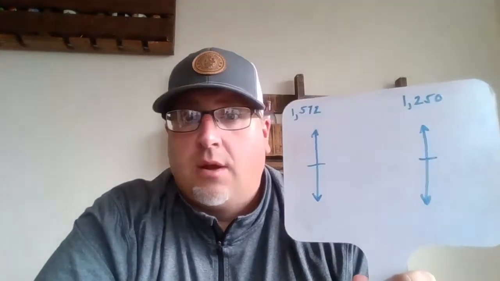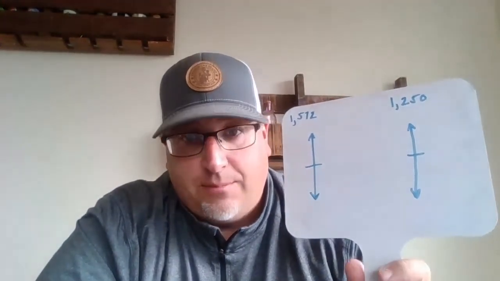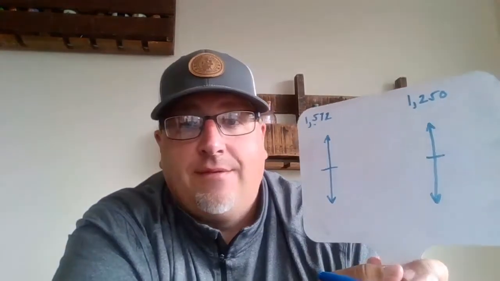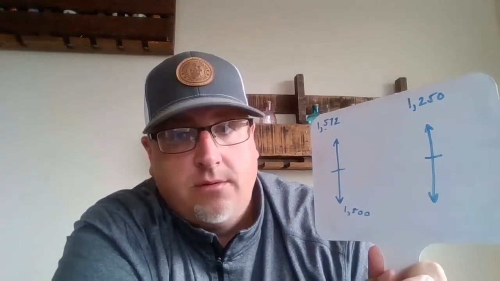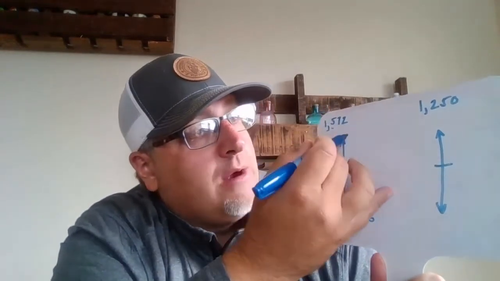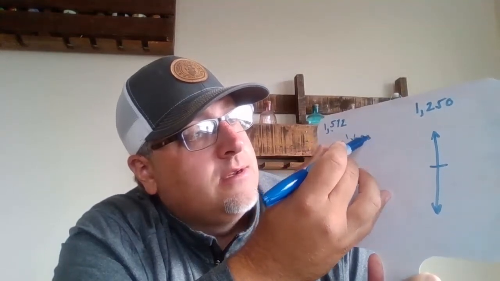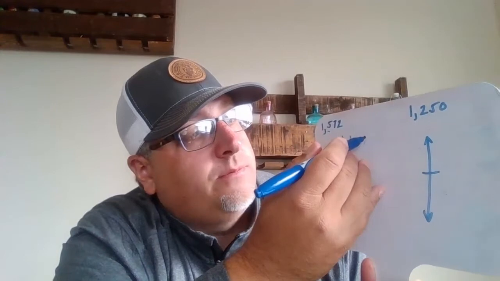All right, now, a little bit different. You can see the numbers are bigger now. We got 1,572 in this first example. Again, we're going to look at that 5. Do we want to round down to 1,500? Or if we were going to round up, we were going to go to 1,600.